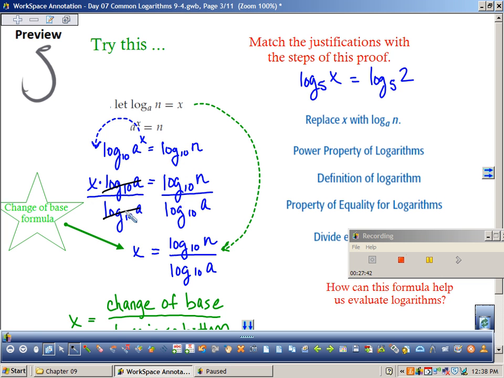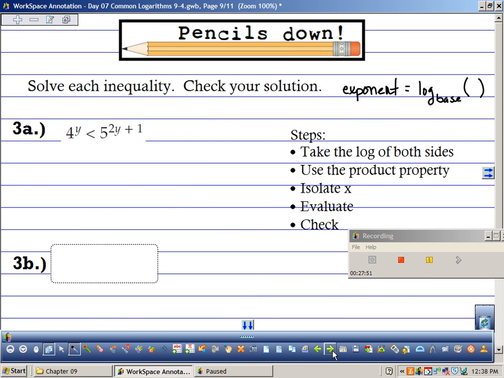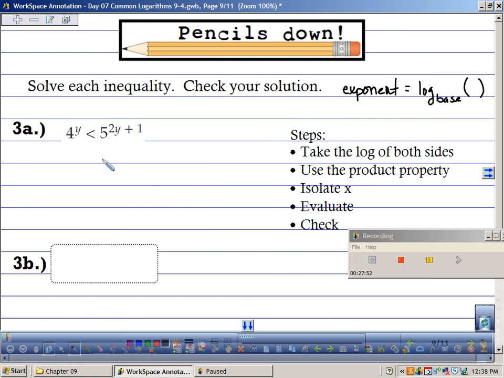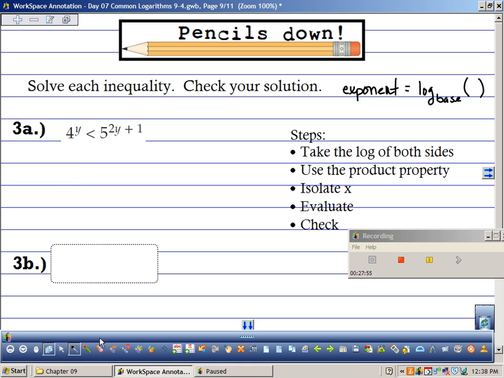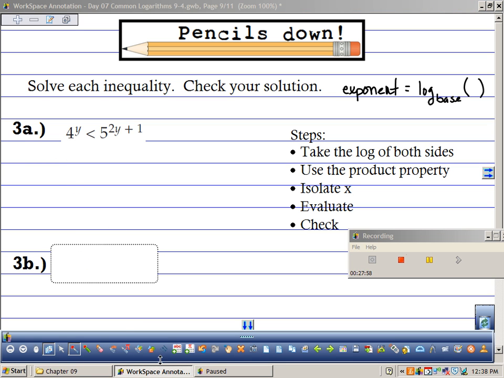We took the log of both sides, then we divided, and that gave us the change of base. So if I can't use change of base, then take the log of both sides. I'm going to go through this quickly, and then you guys are going to write it down, and the bell is going to ring at 44 minutes.